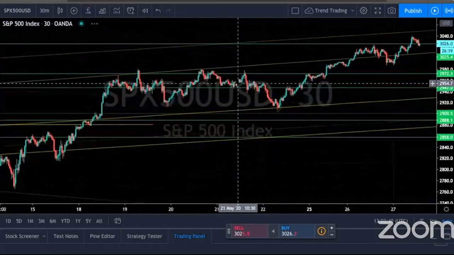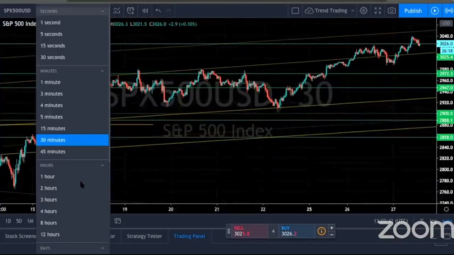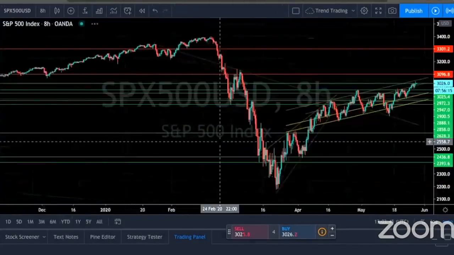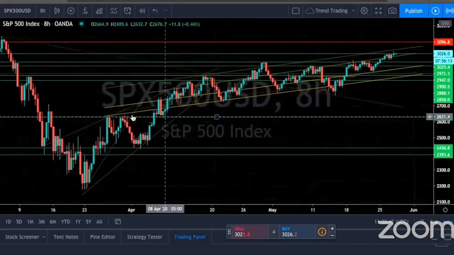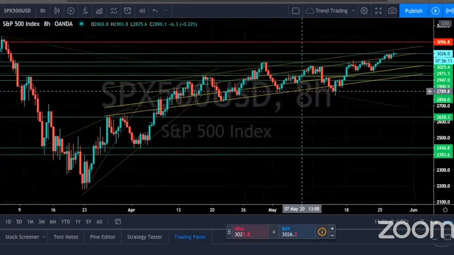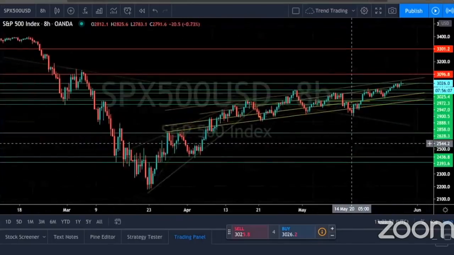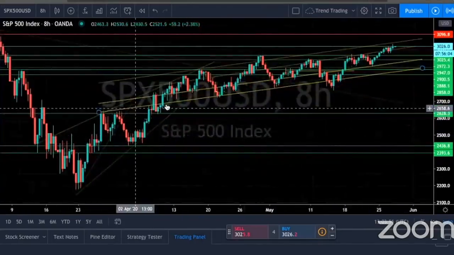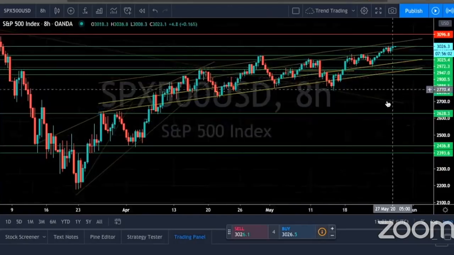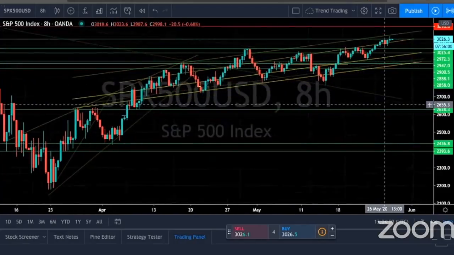Now, when I trade on the S&P, I am always very clear that I will have my biases. For example, above this trend line over here, the buyers are in absolute control, and I have a strong bullish bias. I'm also very clear that even with a bullish bias, I will take trades on both sides of the market.